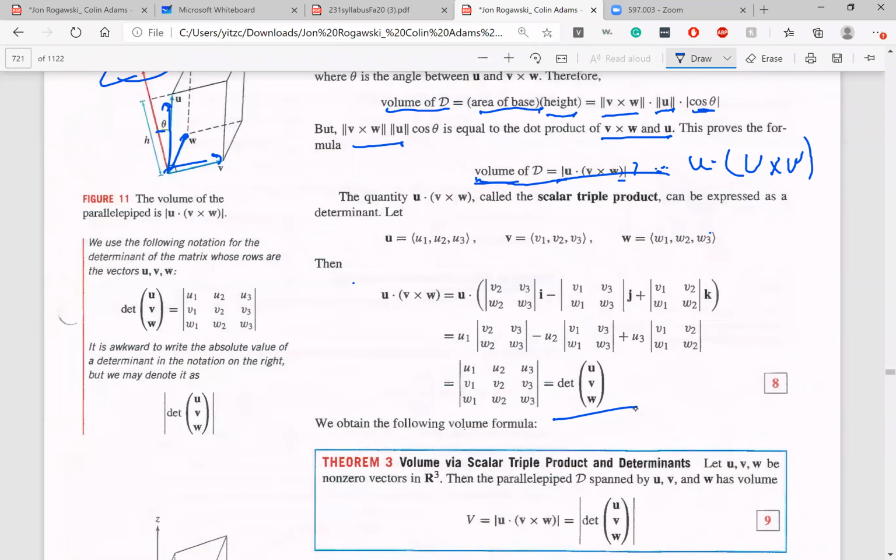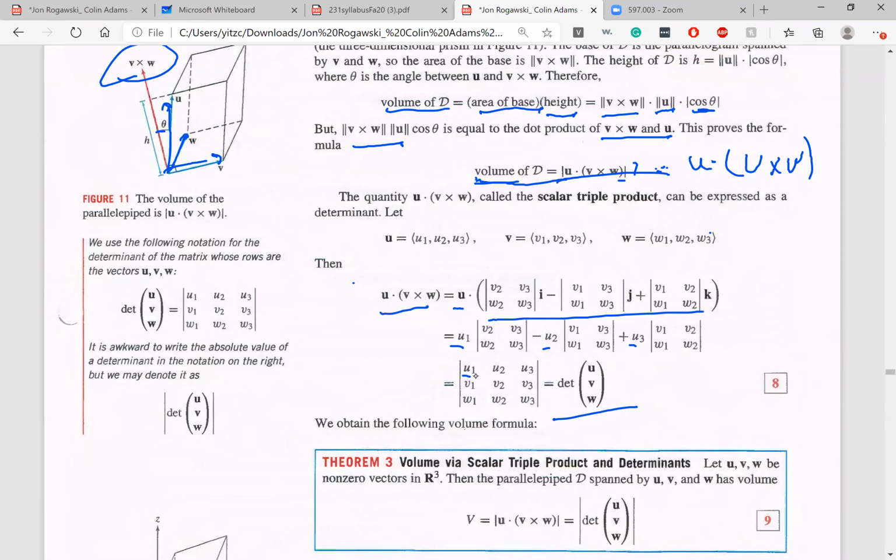I'm not going to go through this proof in detail myself, but just to look at what they do. U dotted with v cross w will be u over here dotted with v cross w, where u has components u1, u2 and u3, and you dot them together. Then it's like putting a u1 over here, times this, and you get rid of this, and then you have this matrix, or the determinant of that matrix, and then minus a u2, which is this over here, and you get rid of these.